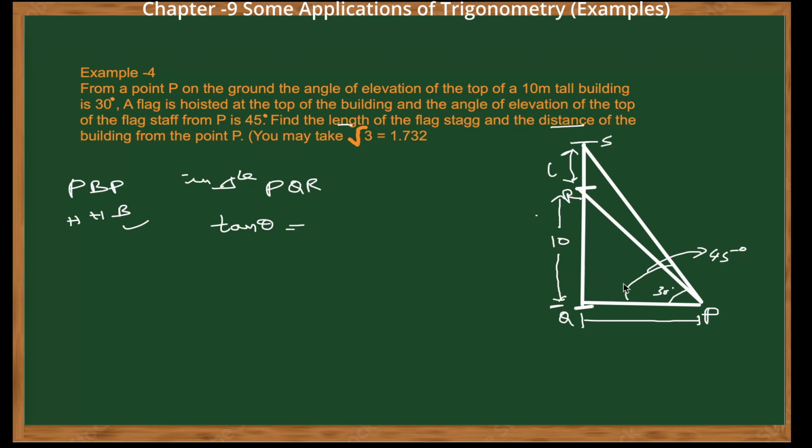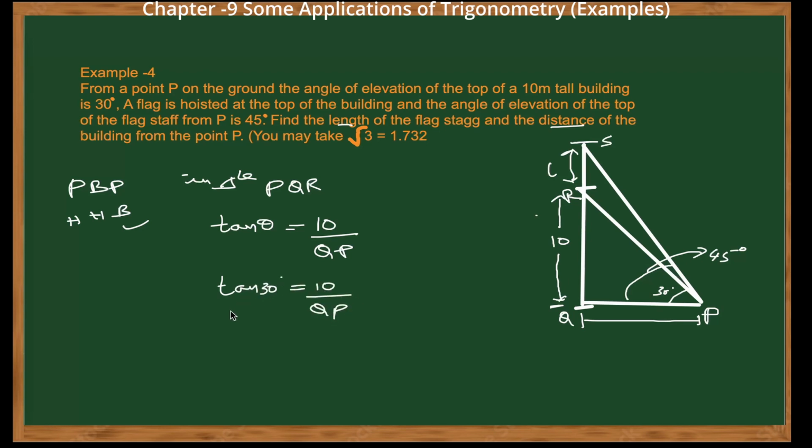What is perpendicular to the 30 degree angle? The value is 10 here. QR is perpendicular to this angle. Then we have the base, which we don't have: QP. So tan theta, where theta is 30 degrees: tan 30 degrees equals 10 by QP.